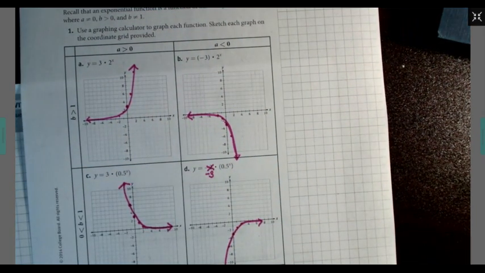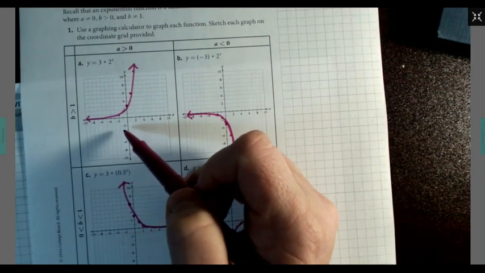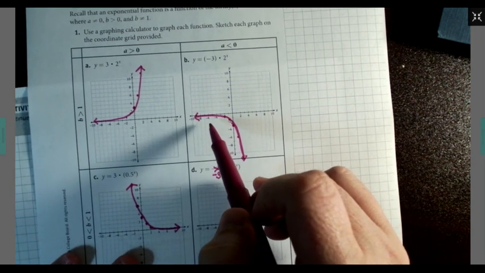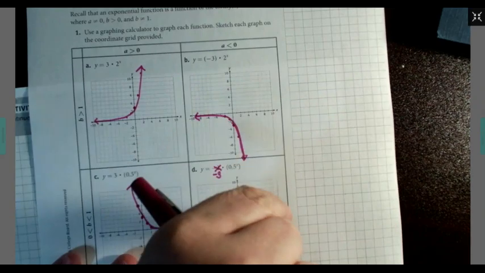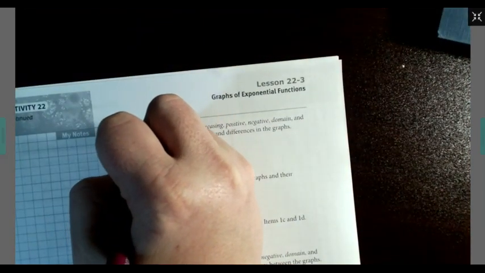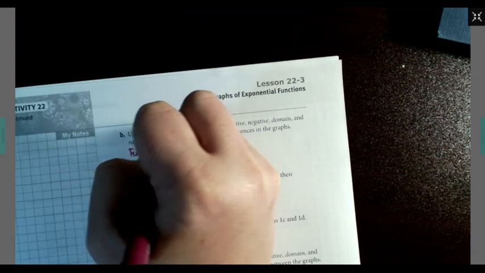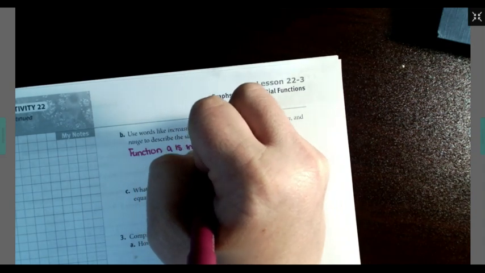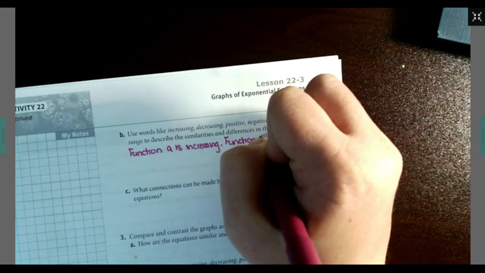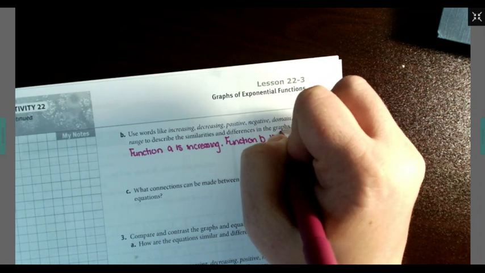This graph right here is increasing, but this graph right here is decreasing because it's going down. So function A is increasing. Function B is decreasing.